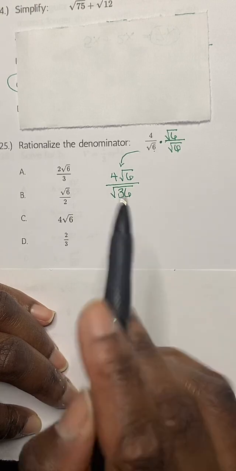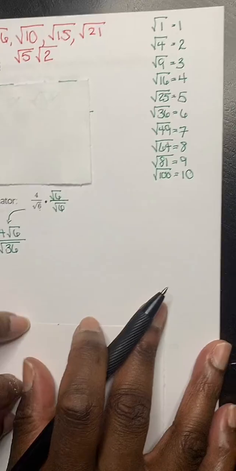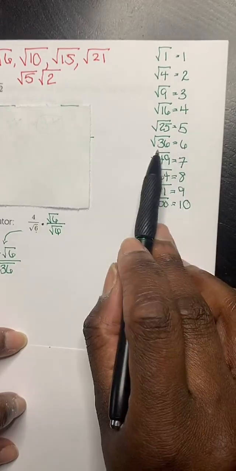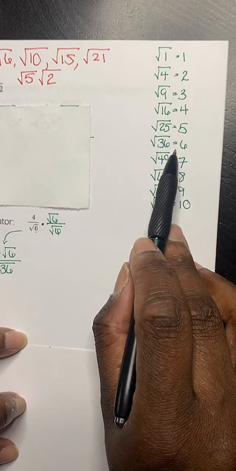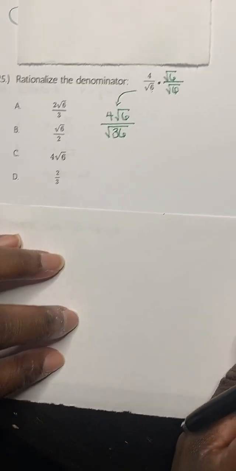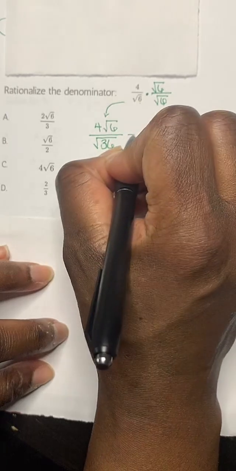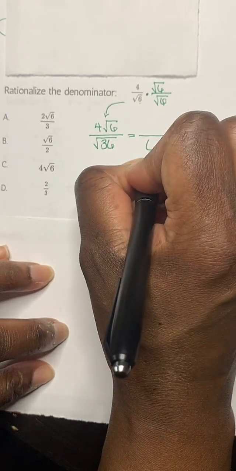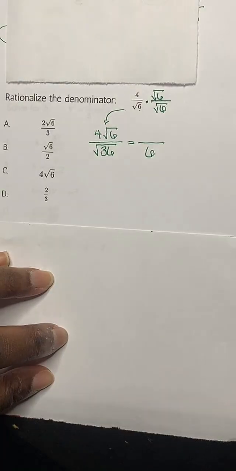Now, square root of 36, that's one of our perfects that we had up here. So the square root of 36 is 6. Oh, so that means, wow, we got rid of our radical in the denominator.